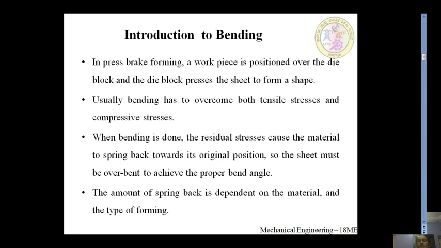It will try to come back to its original shape and size. To overcome this problem, the overbending action has to take place to achieve the proper bend angle. The amount of spring back depends on the type of material and the type of forming process. That is, the more ductile the material is, the more the elastic property is there.